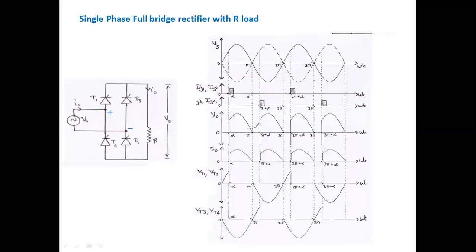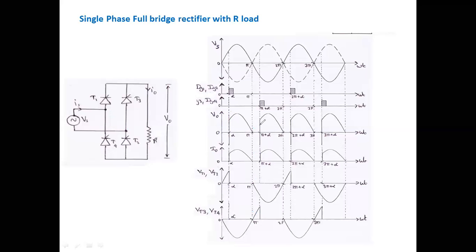So in this mode, the output voltage and the output current are 0. Voltage across T1 and T2 is minus Vs and voltage across T3 and T4 is plus Vs. So this is mode 3, similar to mode 1, that is between 0 to alpha.